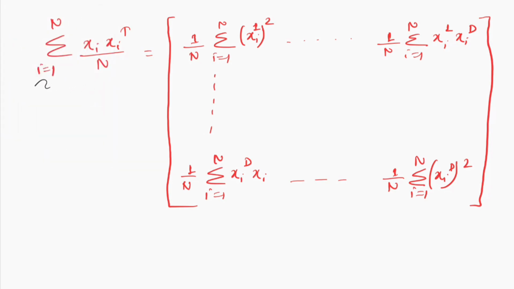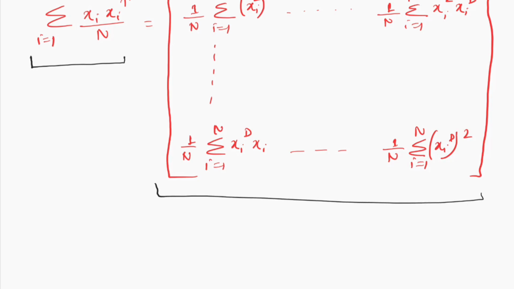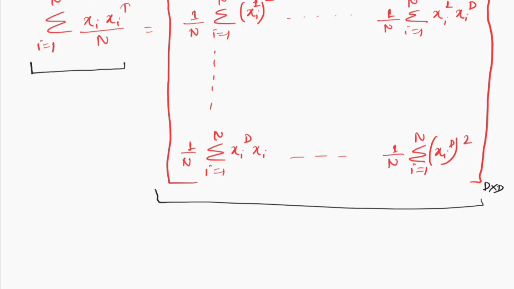So this is how this part can be written in this form. So this is a d cross d matrix.